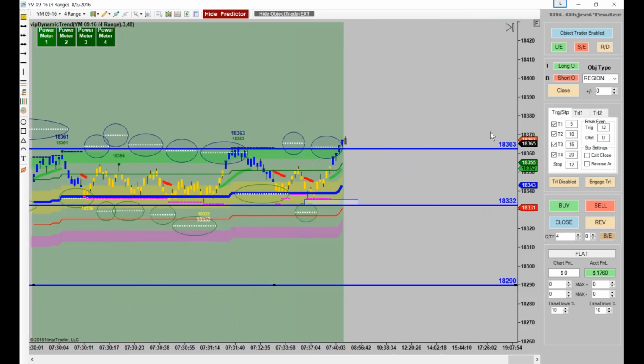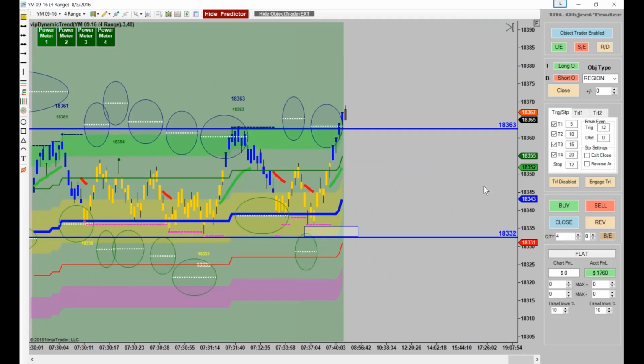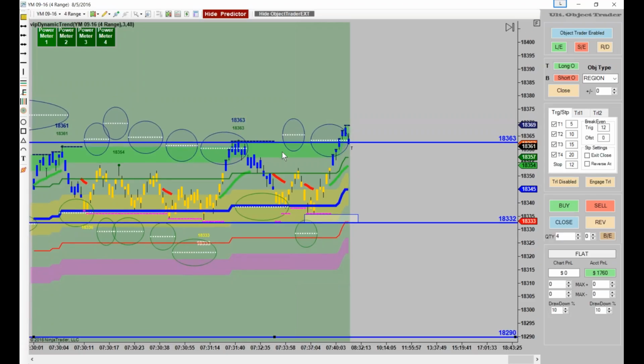We've got to thrust up. Let's see if we can get a little consolidation patch. You want to be real careful taking breakout trades, especially big breakout trades like this.